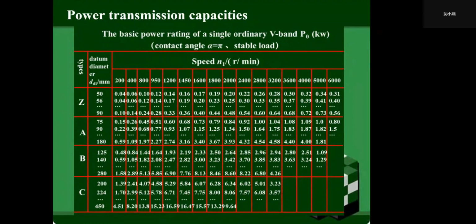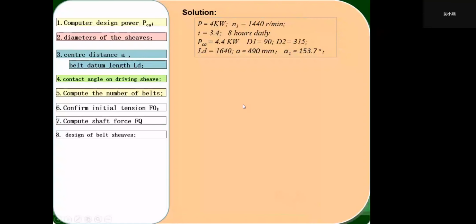Yes. We can do it by interpolation, and the coefficient should be larger than 0.93 and smaller than 1.07, okay? Within this range. And then we use interpolation to calculate the P0.